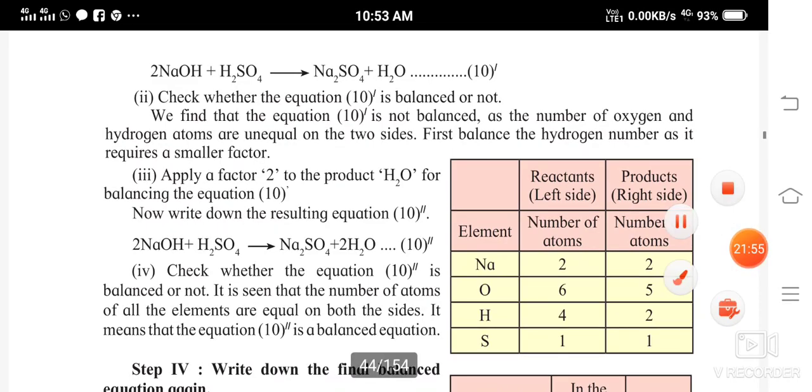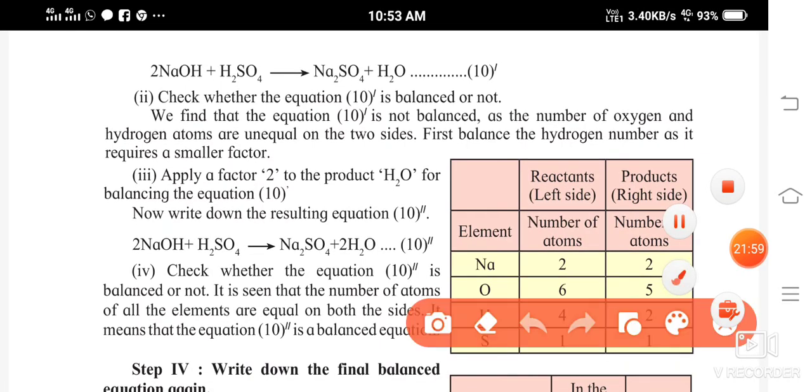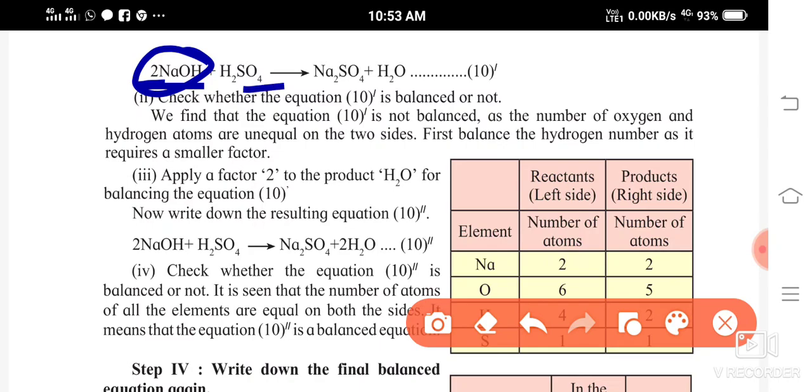Remember this factor 2 which you have written applies for all. Now sodium also became 2 atoms, oxygen also 2 atoms, and hydrogen also 2 atoms. So oxygen 2 plus 4, 6, and this side it is 4 plus 1, 5.